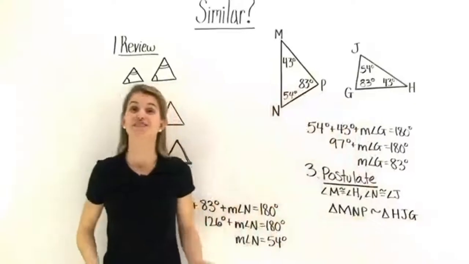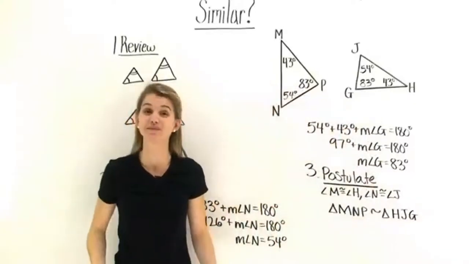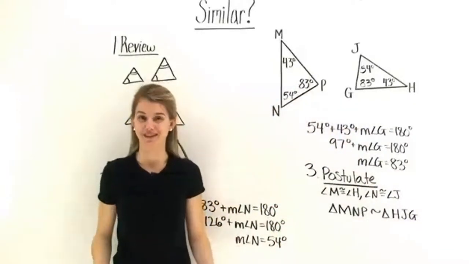So now we've shown that these two triangles are similar, and they were similar by the angle-angle triangle similarity postulate.